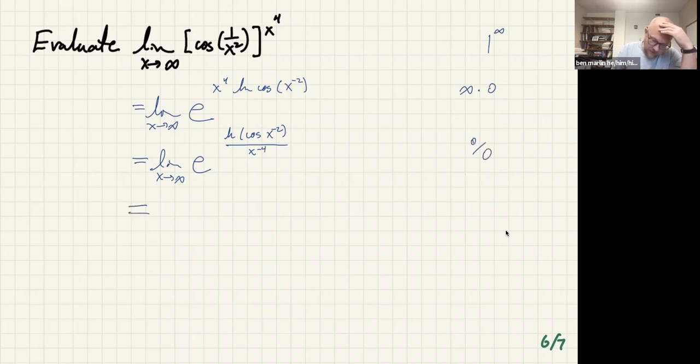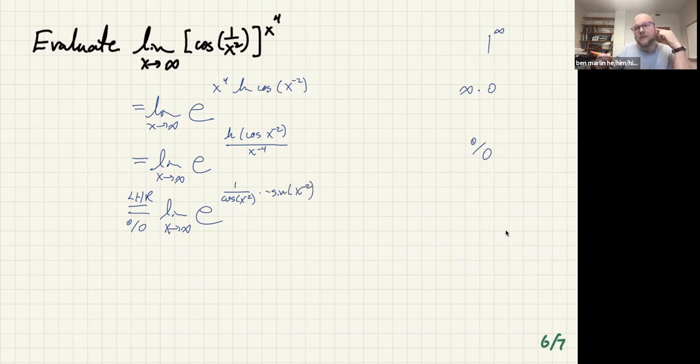We are allowed to use L'Hopital's rule in the 0 over 0 case. Okay. Limit x is still going to infinity. We've still got an e. All right, the top has a logarithm, so we will have 1 over all that junk times, now the derivative of the thing inside is a cosine, so we will have a negative sign with an x to the minus 2 still hanging inside there.